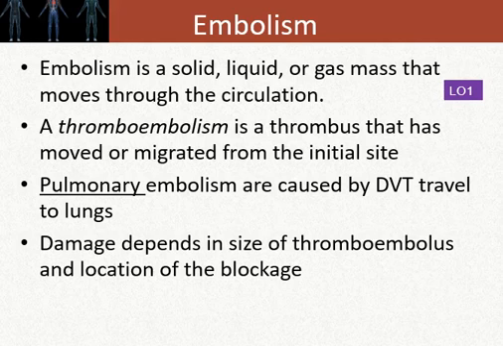An embolism is a solid, liquid, or a gas, but it's a mass that moves through the circulation. Therefore, thromboembolism is a clot that has migrated out of the initial site and has moved somewhere else. And so atrial fibrillation can produce thromboemboli that can move throughout the systemic vascular network. Pulmonary embolisms are typically caused by deep vein thromboses, and these typically occur in the lower leg extremities, and break off and migrate into the lung compartment.